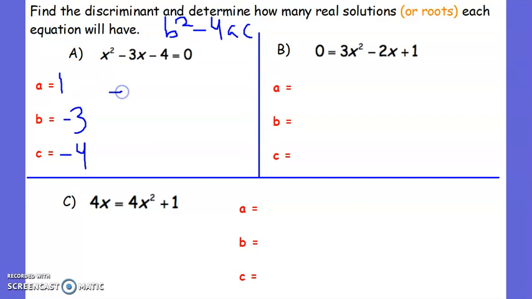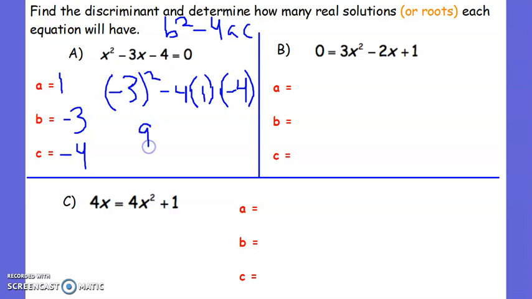B squared, so -3 squared, minus 4, note that's always part of the formula, times a times c. Well, that gives us 9.